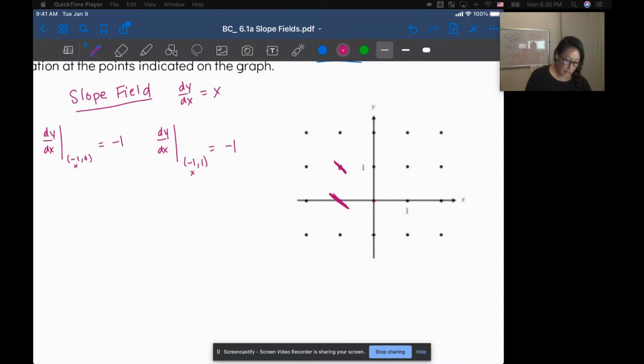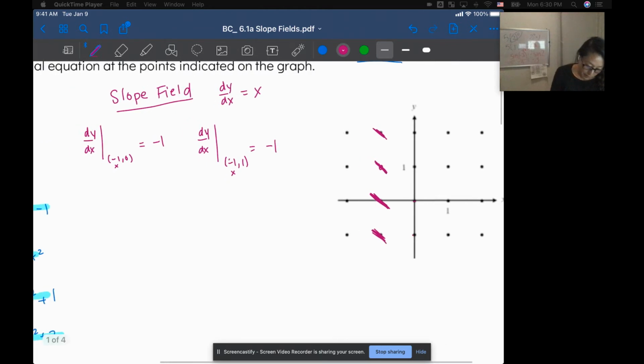I know that any ordered pair that has a -1 in it, because there's no y value to plug in, I'm just going to get a slope of -1, so I am going to draw those in now.